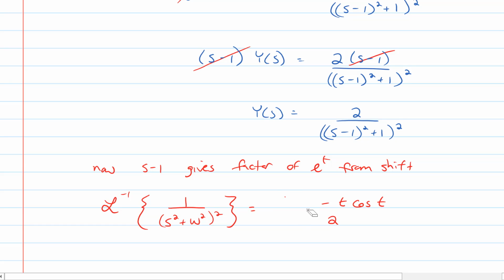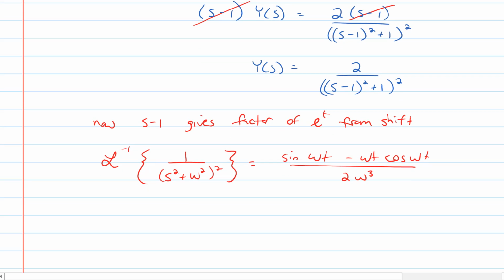Oh, wait a minute. Let me actually write out the whole thing because I was using omega here, so it's going to be sine omega t minus omega t cosine of omega t over 2 omega cubed. That's from the Laplace transform sheet.